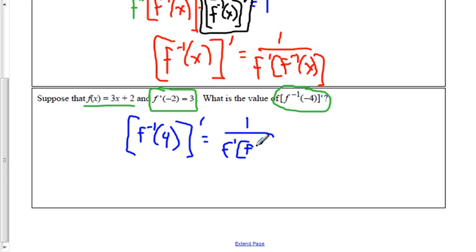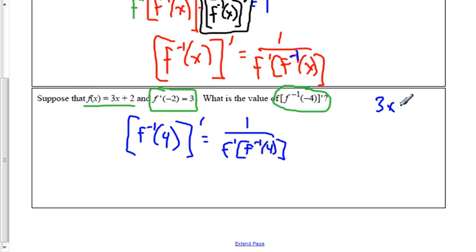So all I've done is copy this from up above. That's supposed to be inverse, sorry. Instead of x, I put in 4. All right, well, I'm kind of stuck here. So let's see when this original function is equal to 4, what we get.